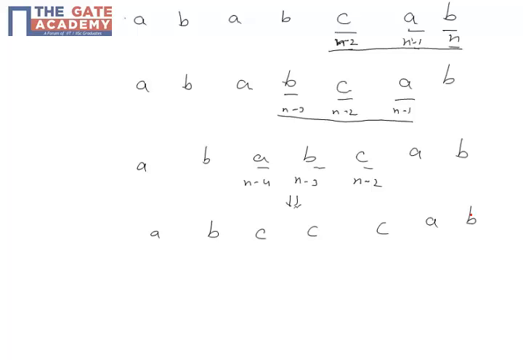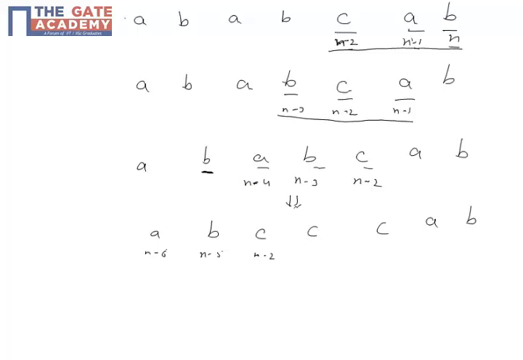Now if I have replaced n-4, n-3, n-2, then I can directly check from n-5, and I will not start my next comparison from n-5 alone. Why?